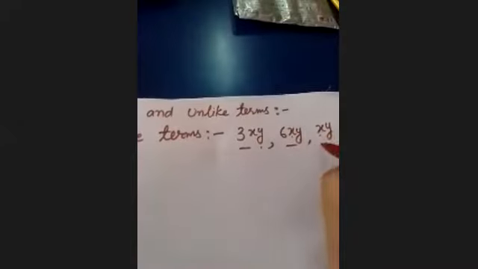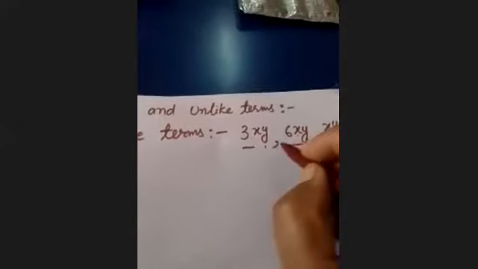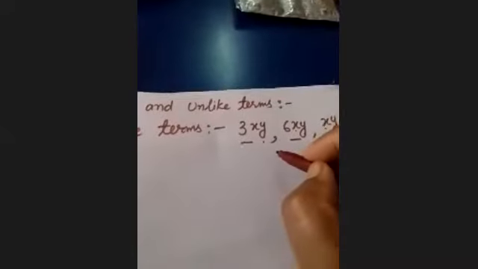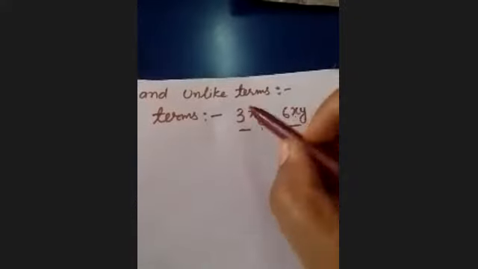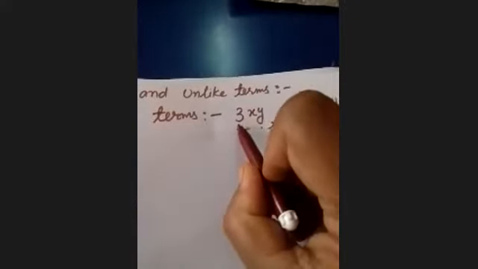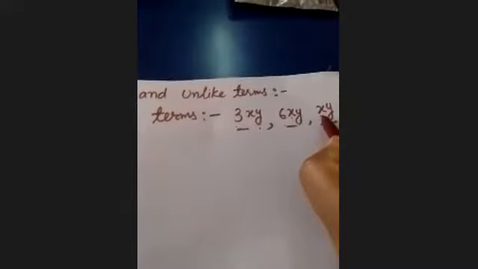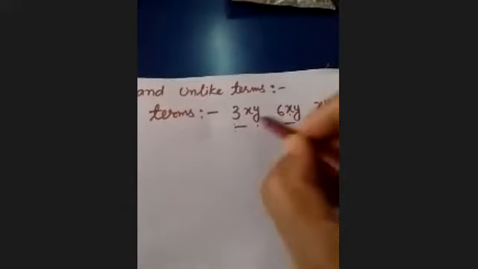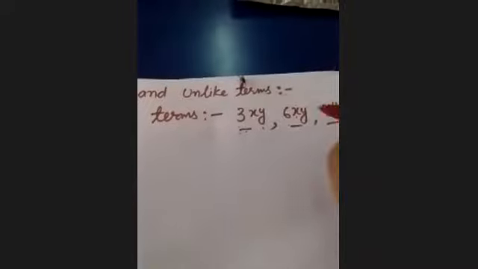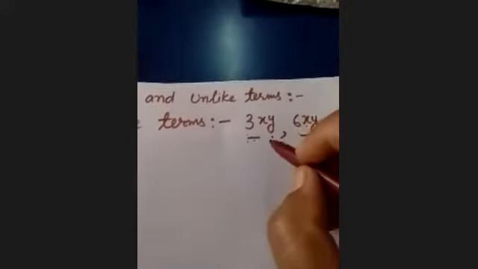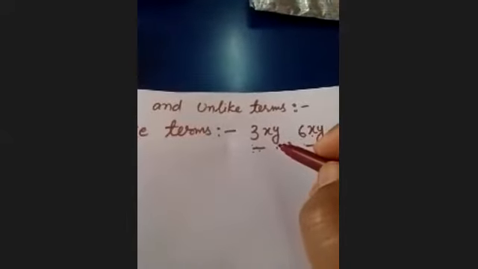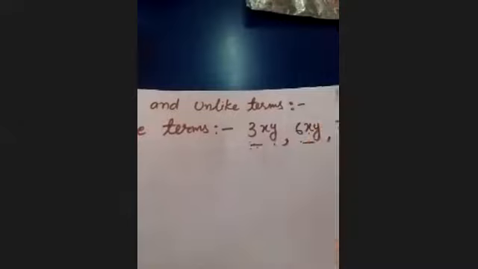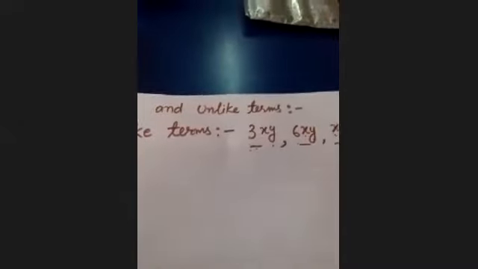All three terms have the same variables, so these terms are like terms. The numerical coefficient can be different. For example, here the numerical coefficients are 3, 6, and here 1. The numerical coefficient can be different, but the variables should be the same. So basically, two or more terms having the same variables are known as like terms.